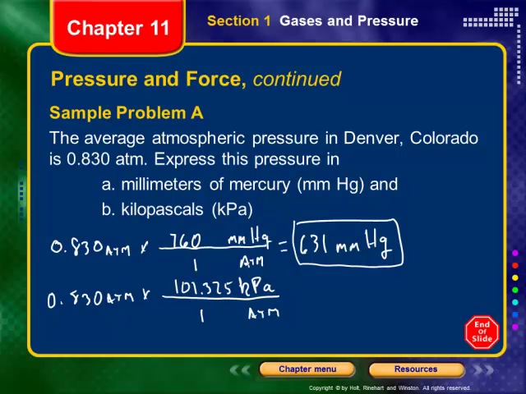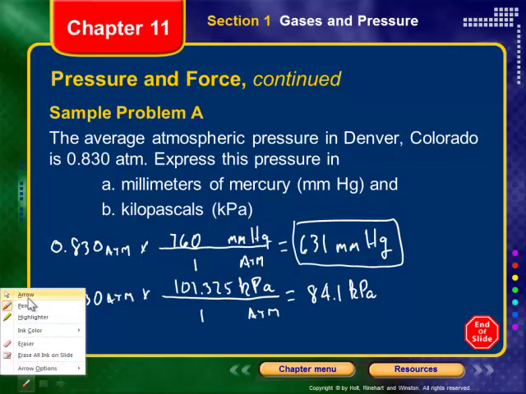And again, now it's just a matter of arithmetic. 0.830 times 101.325, and I get 84.099. So again, 3 sig figs, 84.1 kilopascals.